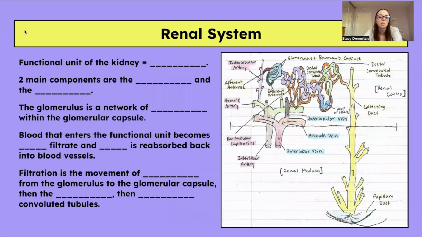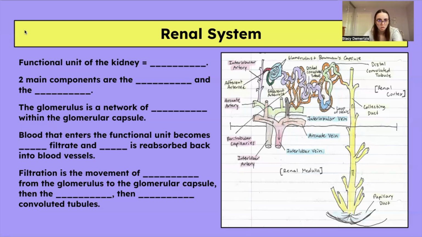So within the renal system, we talked about the kidneys, but if you were to take a kidney and slice it in half, you would see this network of vessels and these small coiled structures within the kidney.